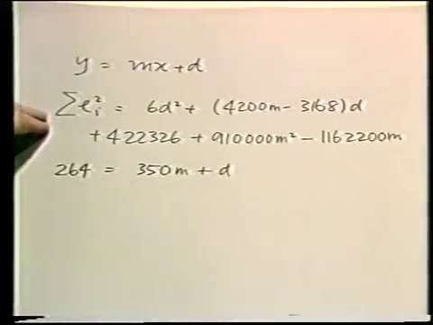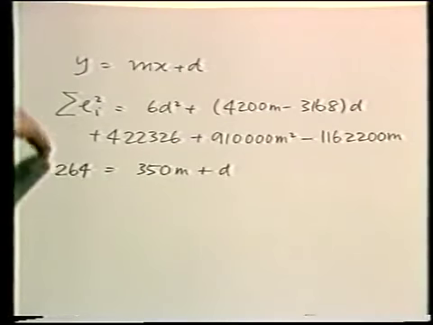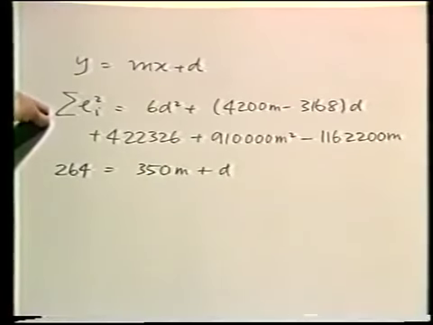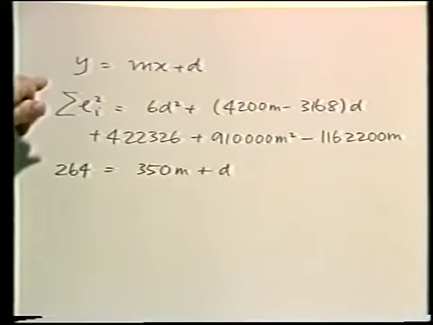But how do I explicitly calculate the values of m and d that correspond to the best fitting straight line that we've generated? Well, here's the total error function again, and we know that this relationship holds between m and d. On the animation, we plotted the total error function against m. So algebraically, what I want to do is to use this equation to write the total error function in terms of m alone.